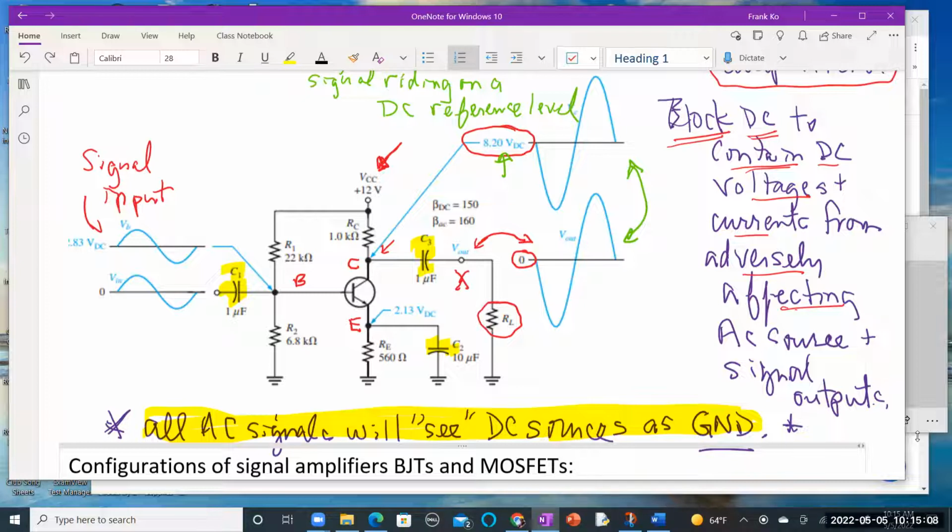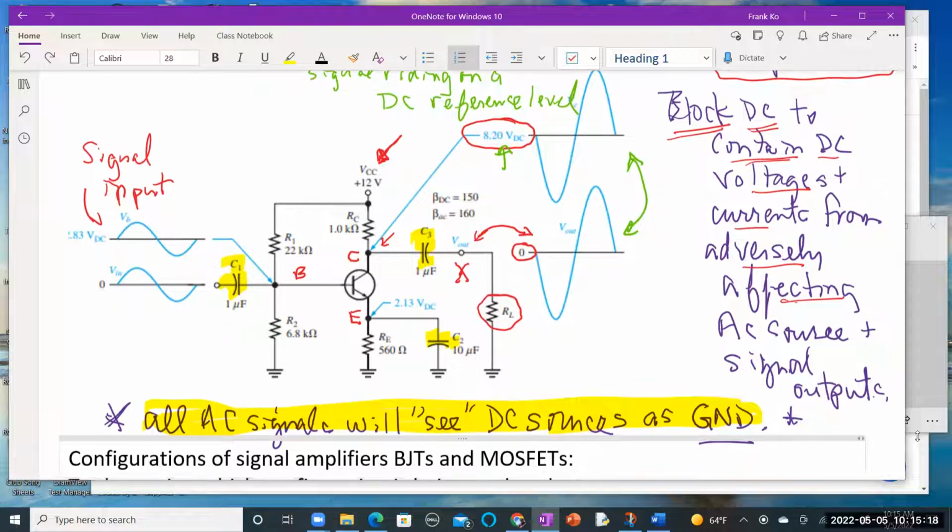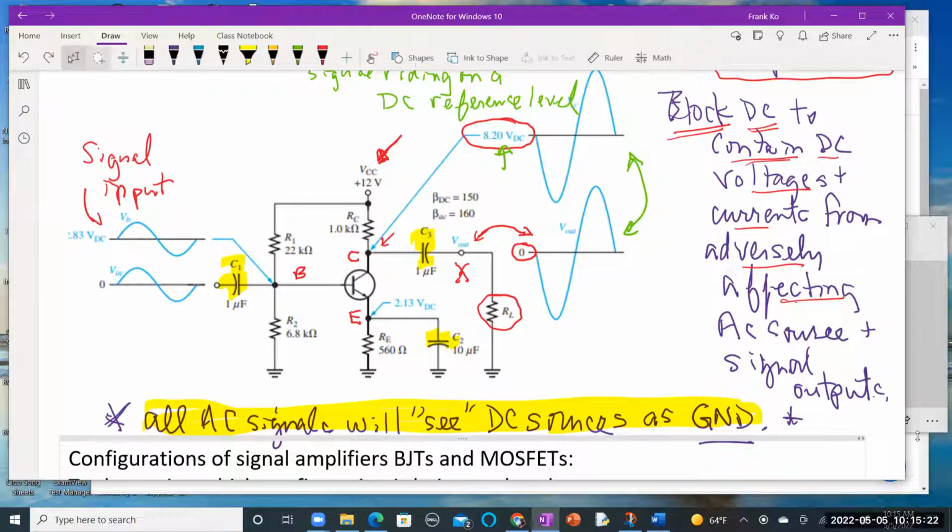I wrote down B in red. That's your base. Yes, the signal is attached to the base.